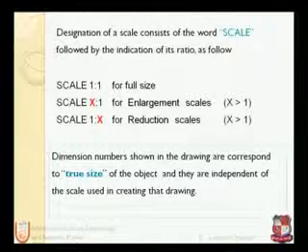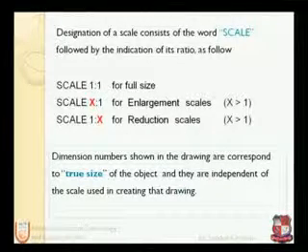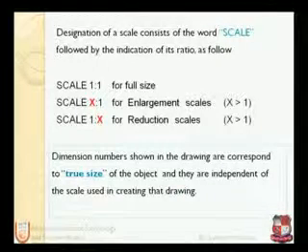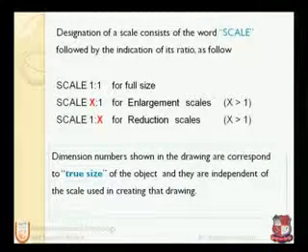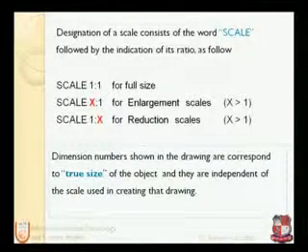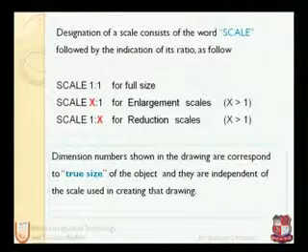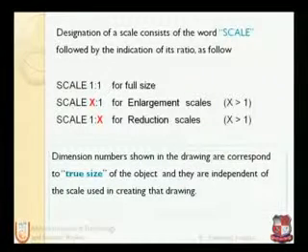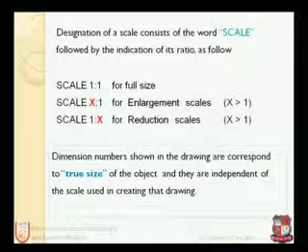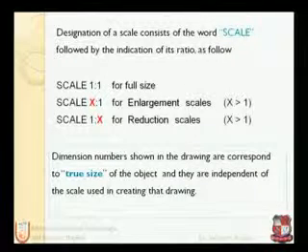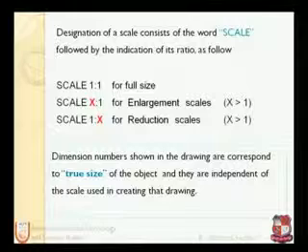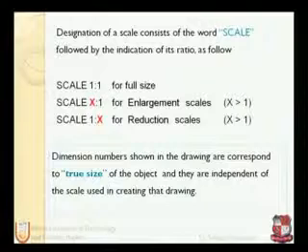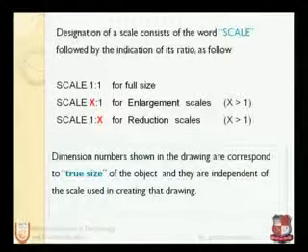That means the size of the object on the drawing is larger than the actual size of the object. And on the contrary, if the drawing is smaller, for example scale 1 is to x, and x is greater than 1, for example 1 is to 2, 1 is to 2.5, 1 is to 5, 1 is to 10, this type of scale is called reduced scale.